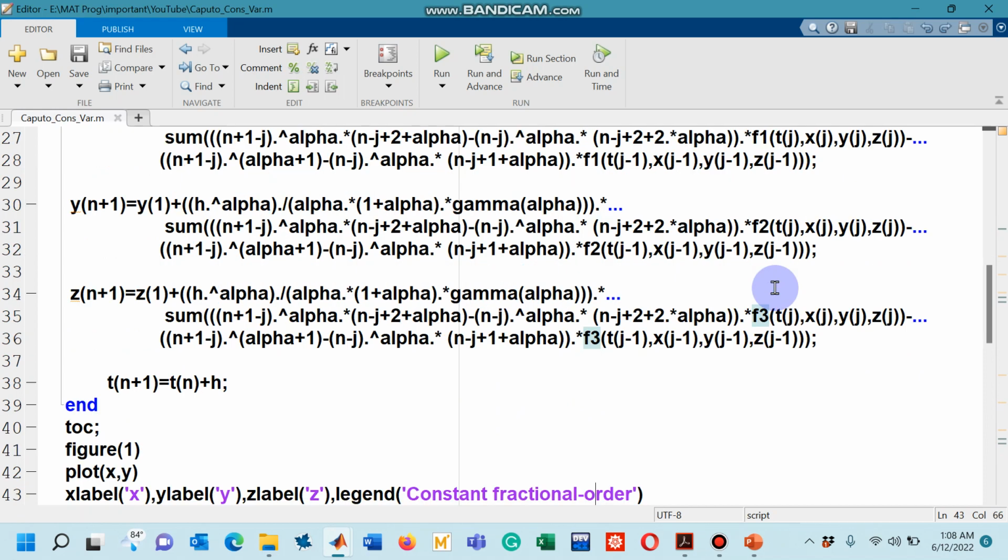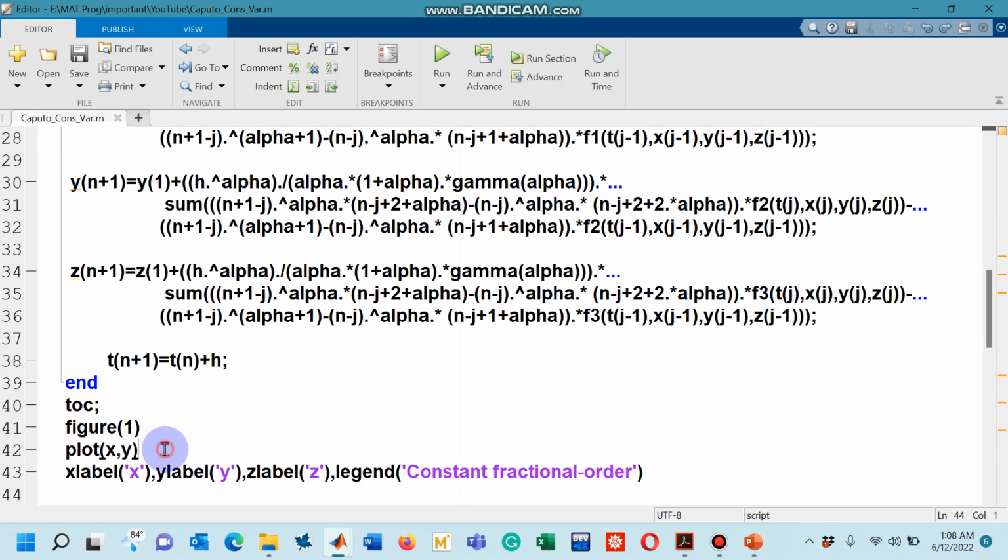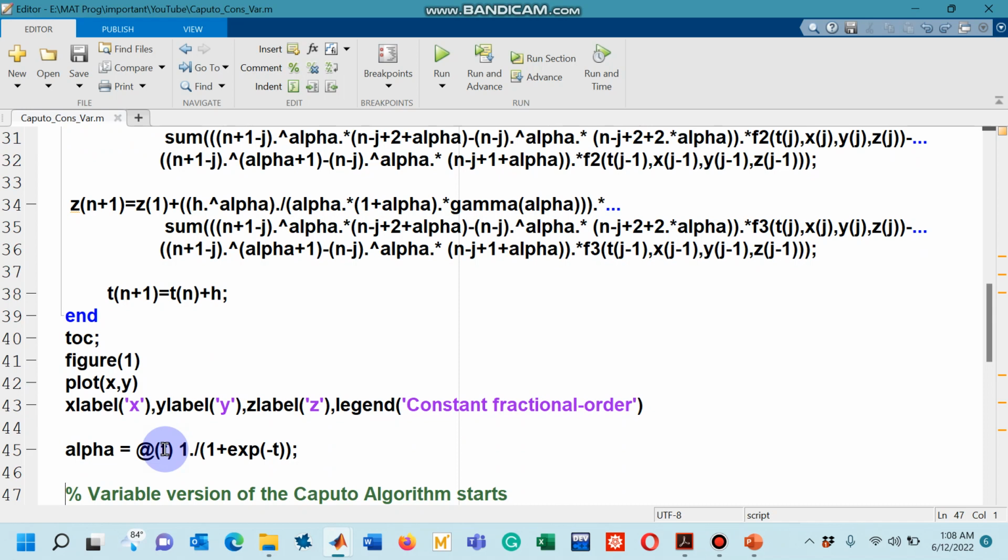So this is for the constant version, and then you can plot it. After that, you have to write the same scheme for the variable order in the same way.